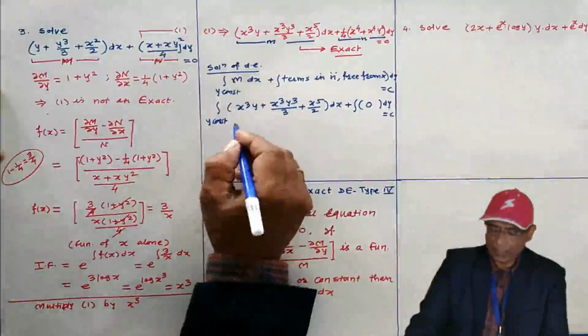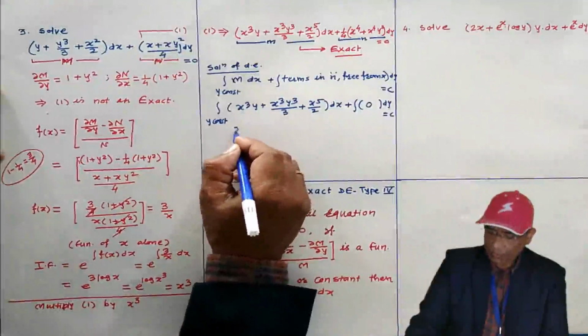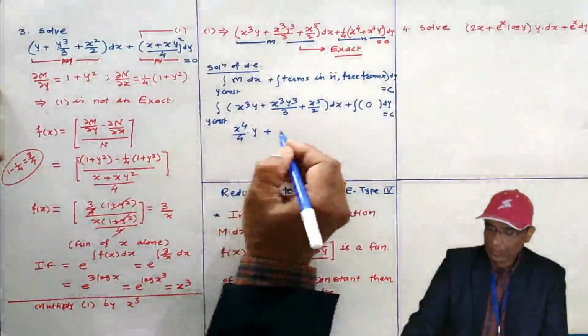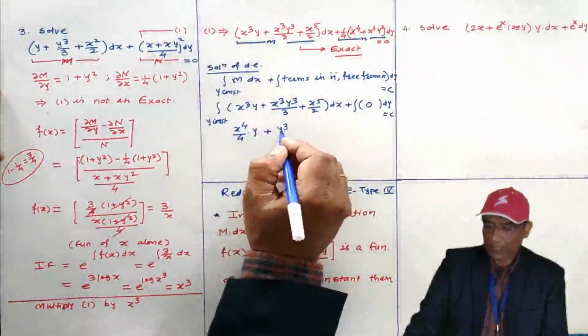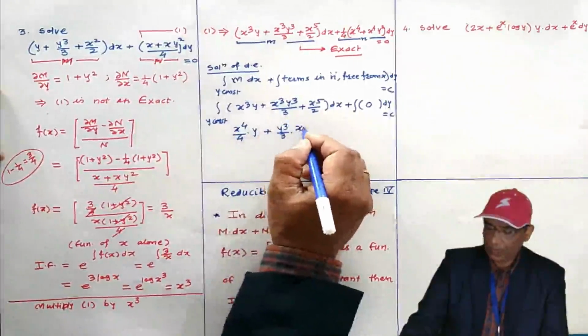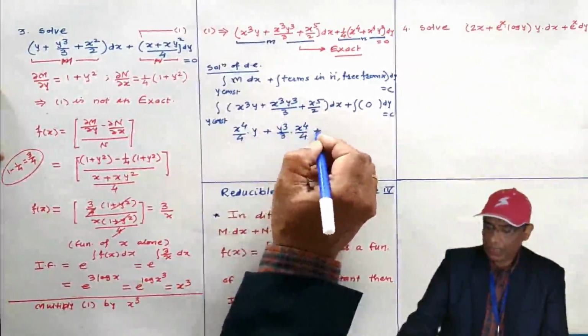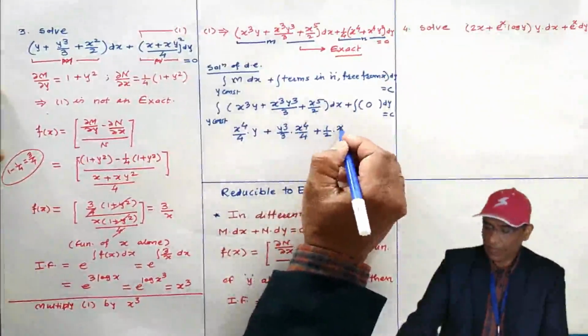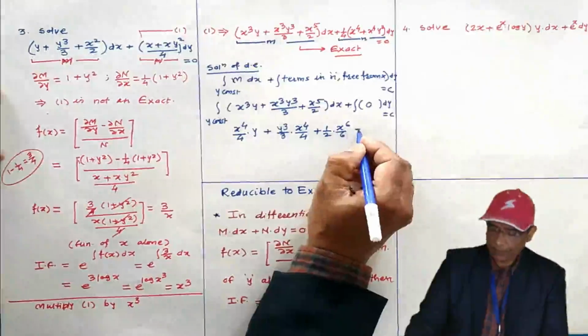Integration of x power 3 is x power 4 by 4. Y is a multiplicative constant. Y cube by 3 is a multiplicative constant here. Integral of x cube is x power 4 by 4. Integral of 1 by 2 is as it is. Integral of x power 5 is x power 6 by 6, plus the integration constant.